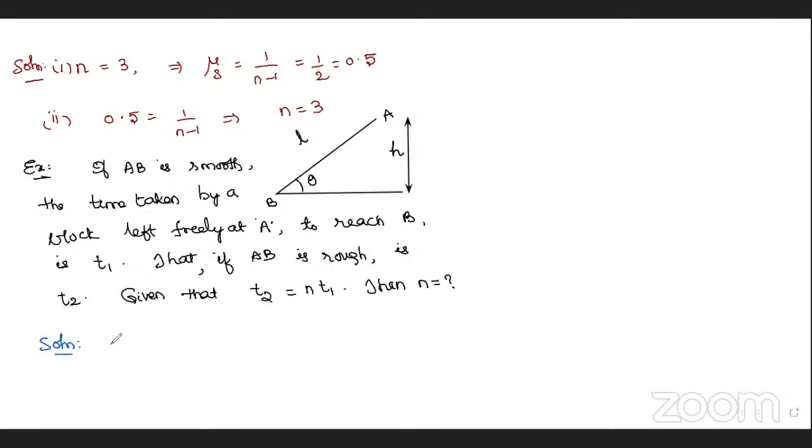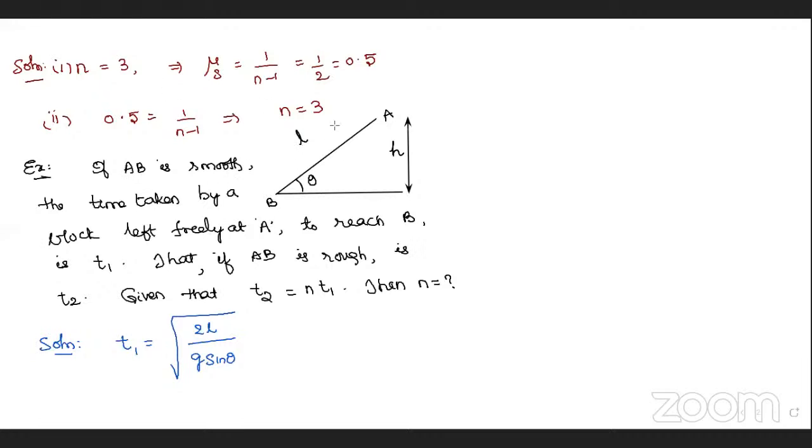Time taken to reach the bottom of a smooth inclined plane, T1, is equal to root of 2L by g sin theta, where L is the length of the inclined plane.